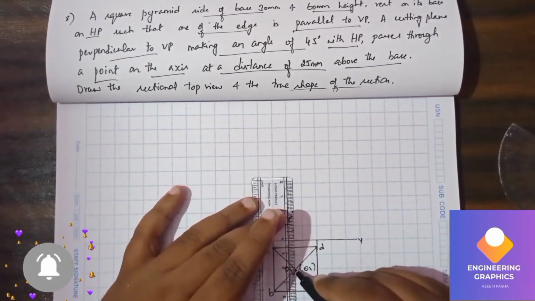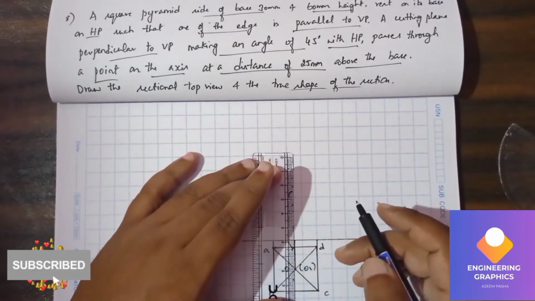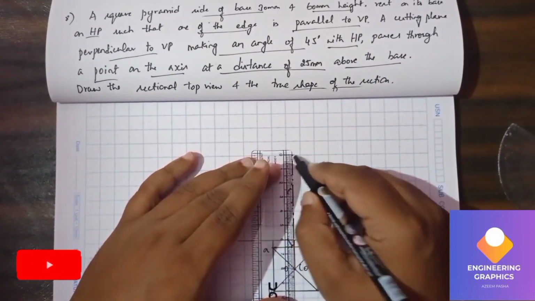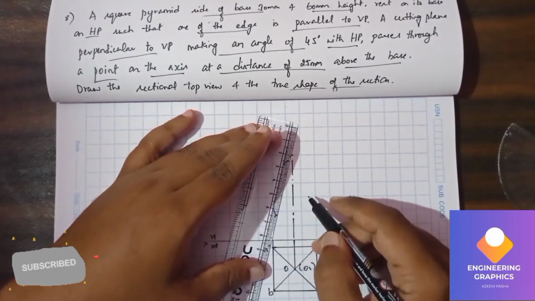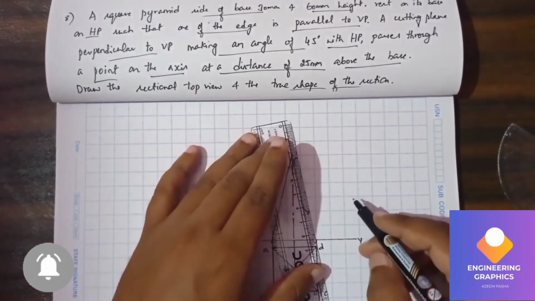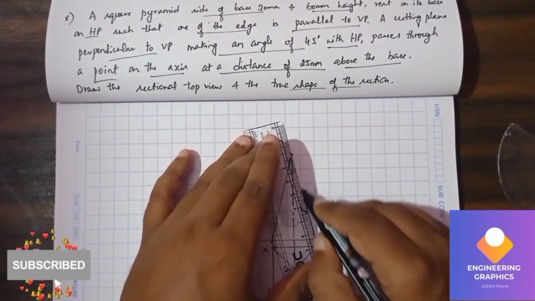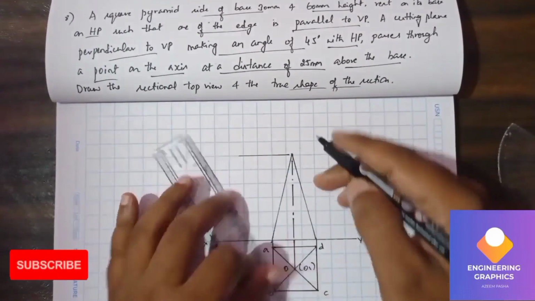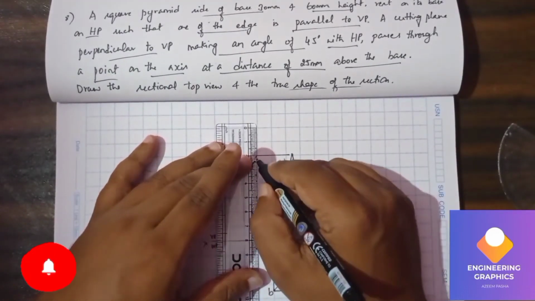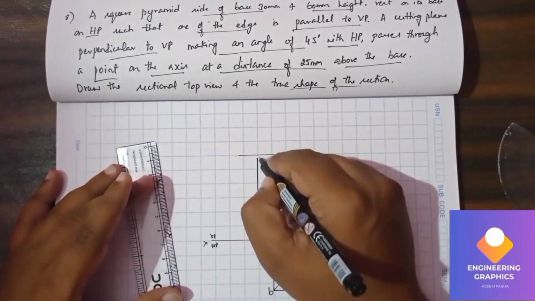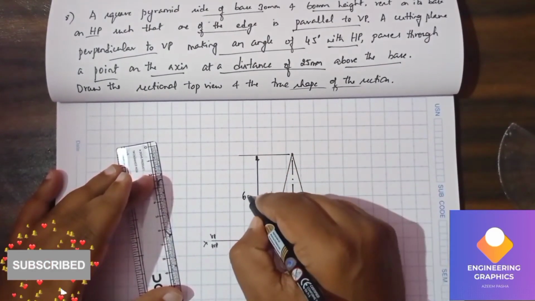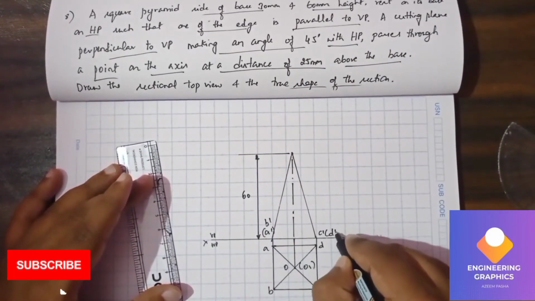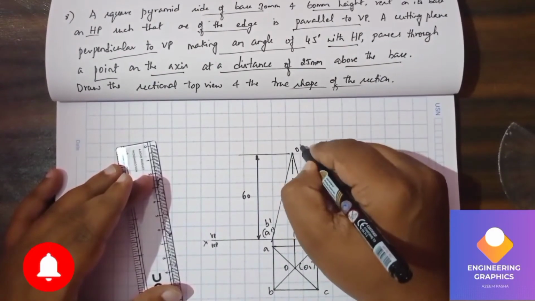So here height of the prism, it is 60 mm. D dash, B dash, C dash, D dash in bracket, O1 dash and O dash.